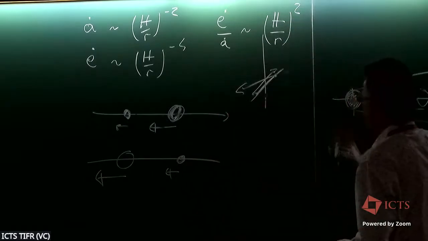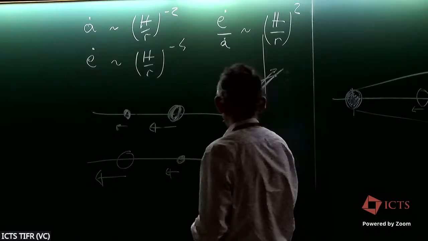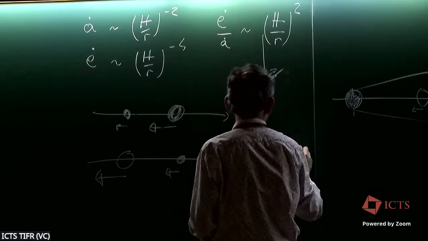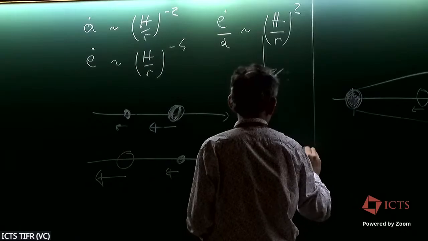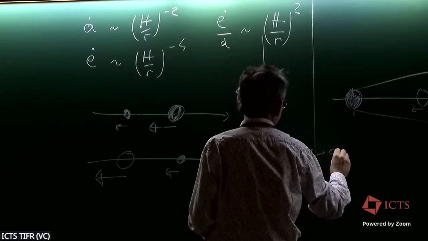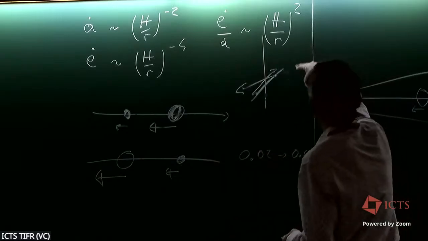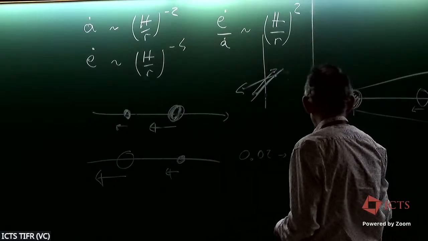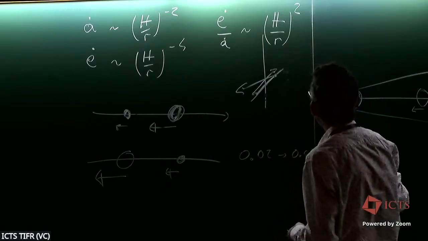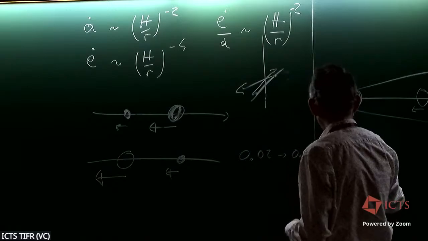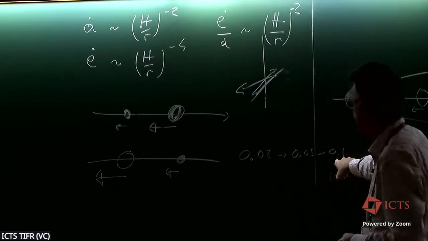The typical aspect ratio in the disks is between 0.02 and 0.05, up to 0.1 even, maybe, if you are really in the outer part of the disk. So you do the square of this, and you get a ratio of 100 if the aspect ratio is 10%.